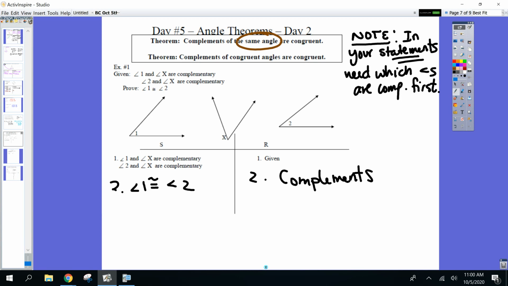It's an E. Complements of the same angle are congruent. Last time, what were 1 and 2 complementary to? The same angle. Yes? We're all good there?